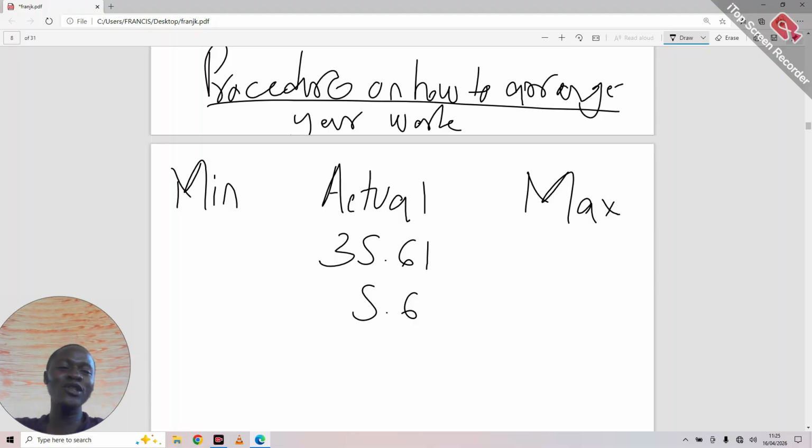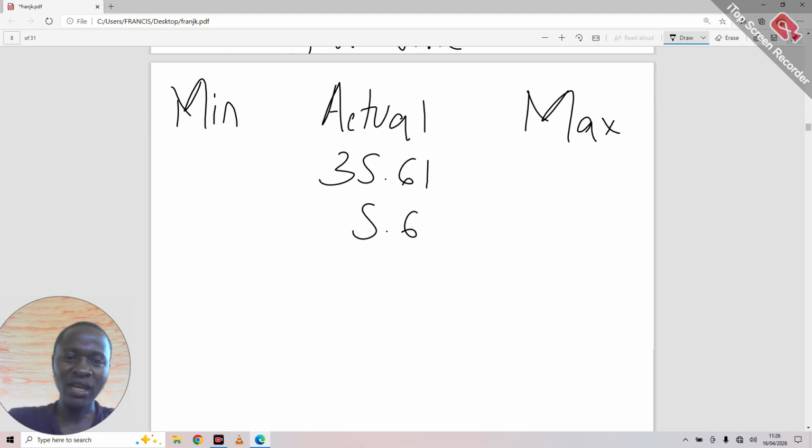When the examiner wants you to get minimum, you subtract. Though we never wrote that one, I only said it. But the part we did was 35.61. We can get the absolute error in this number. So let us get the absolute error in 35.61.